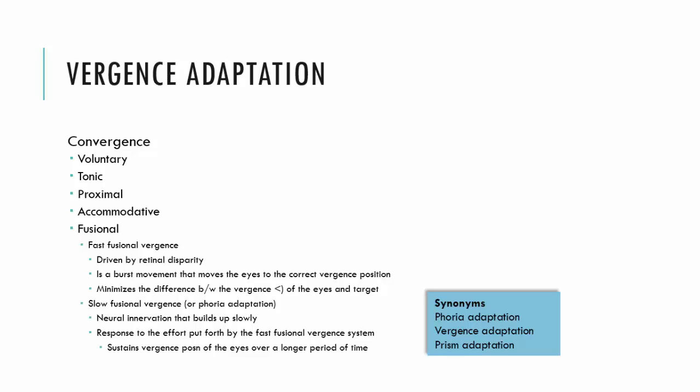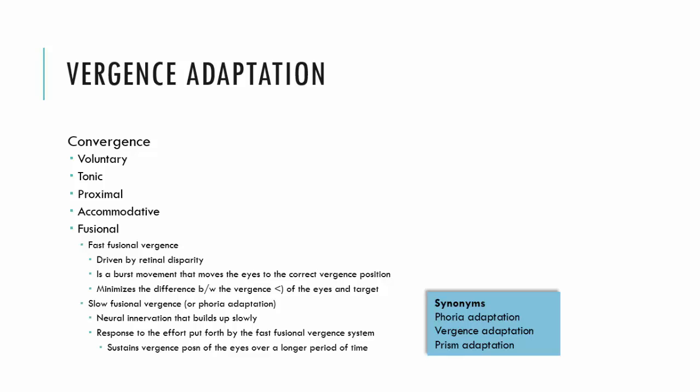The fast fusional vergence system is essentially induced by disparity, and it's the system that initially takes place to realign the eyes. It's a fast system, as the title suggests, and it occurs in less than 1 second.